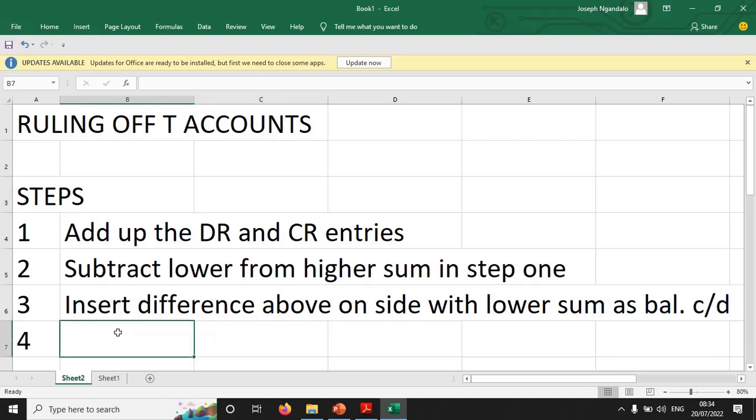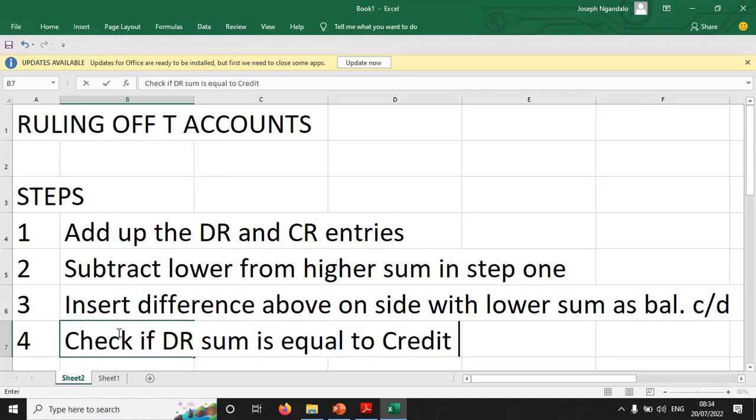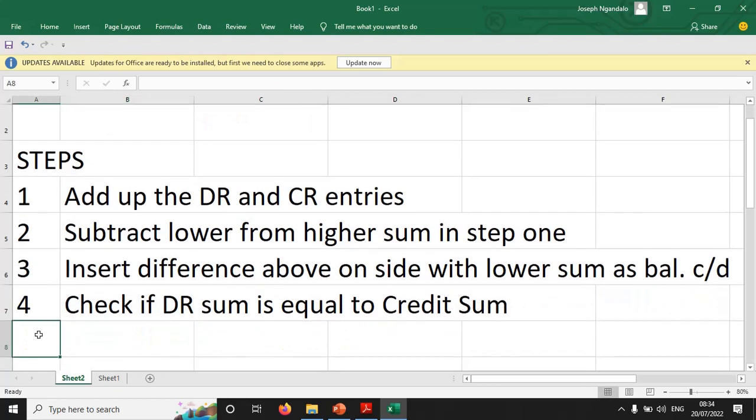Next, check if the debit sum is equal to the credit sum. Are you seeing that? Okay, then number 5 finally.